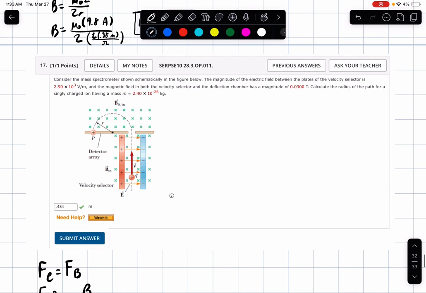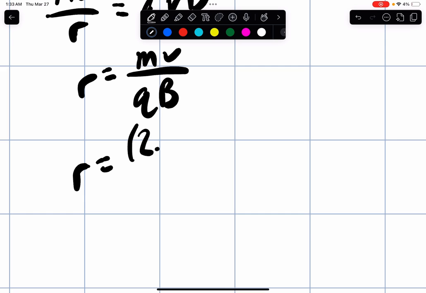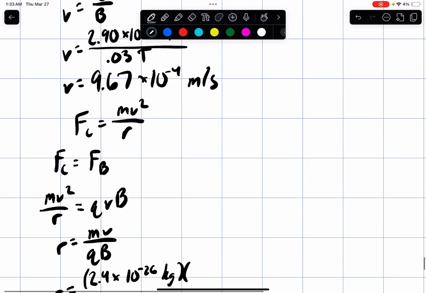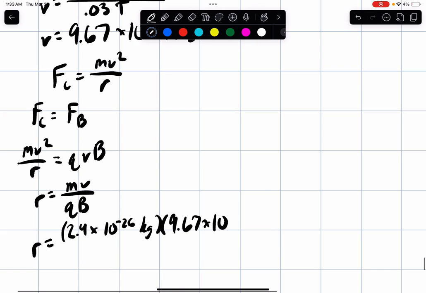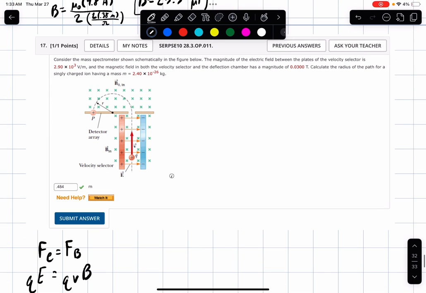Now you plug in what you know. The mass, it says here, is 2.40 times 10 to the negative 26 kilograms. Then your velocity, which we found here, is 9.67 times 10 to the negative fourth meters per second. Now your Q. It shows here that you are launching a proton in there, a singly charged ion.